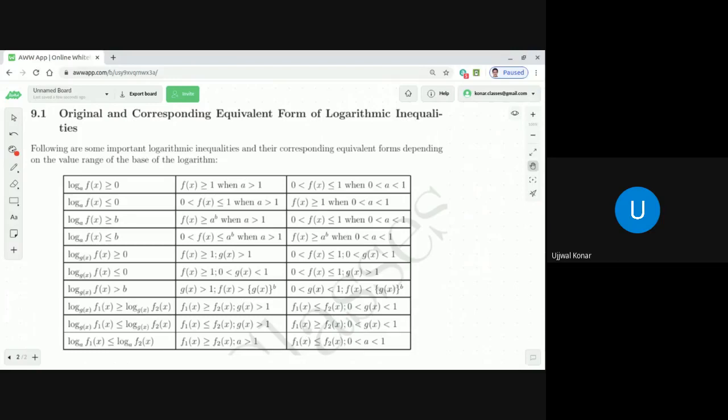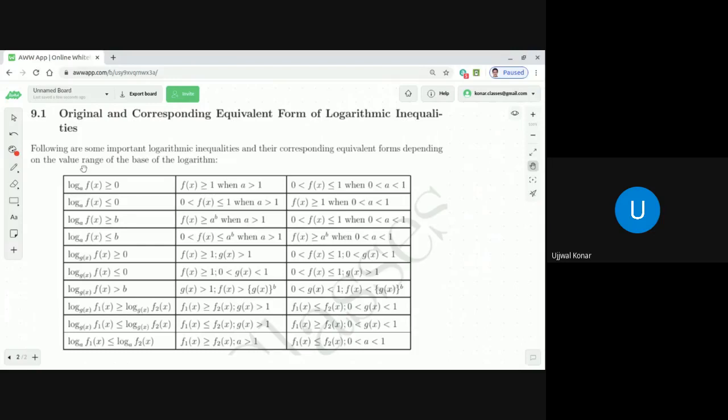Okay. So what you see here are some important logarithmic inequalities and their corresponding equivalent forms, depending on the value range of the base of the logarithm. The base plays a very important role here.